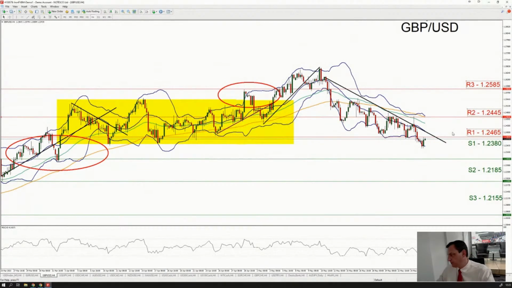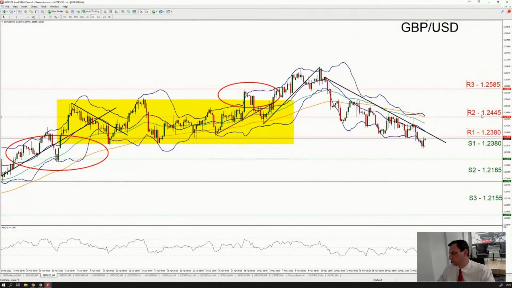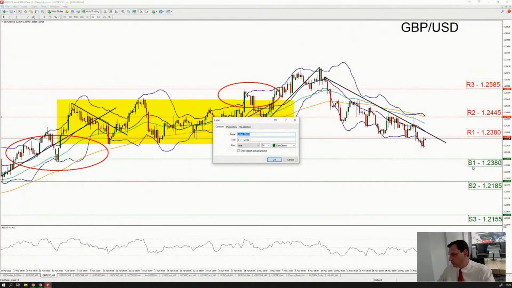and they are one at 1.2380. Starting with the S1, which is now being placed at 1.2285.